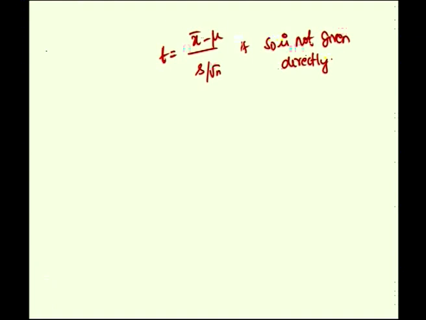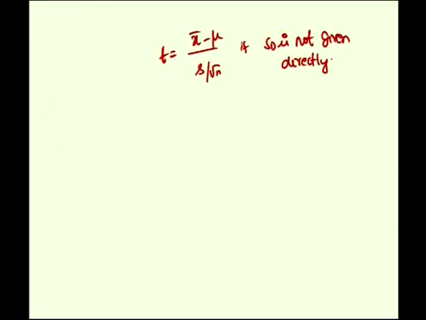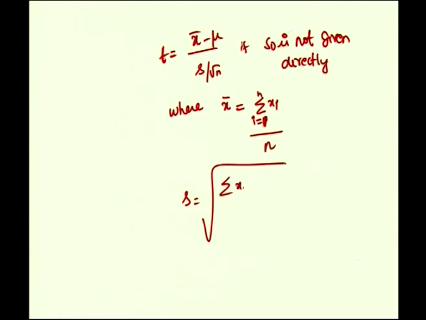Not given directly means the values are not already calculated and given in the question, where you have to calculate the S value and x bar value from the sample observations given in the problem. The formula for calculating x bar is summation i equal to 1 to n xi divided by n, and S is equal to root of summation xi minus x bar whole square divided by n minus 1.